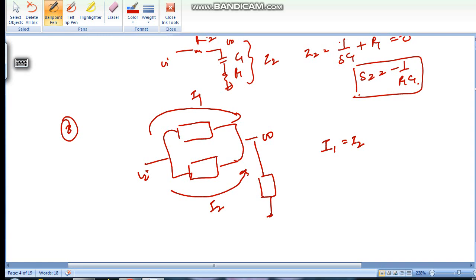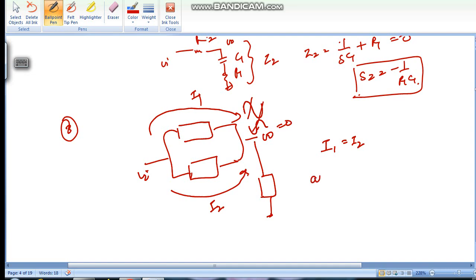Say from here current is coming like this, and from I2 it is coming like this. Both are equal and opposite in phase, so they will cancel and the output will be 0.